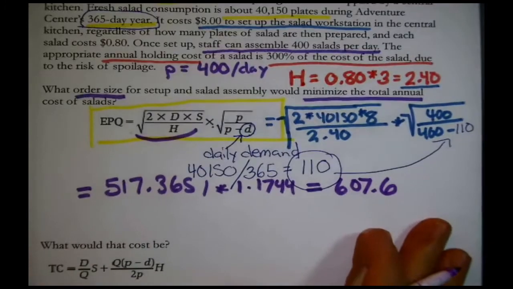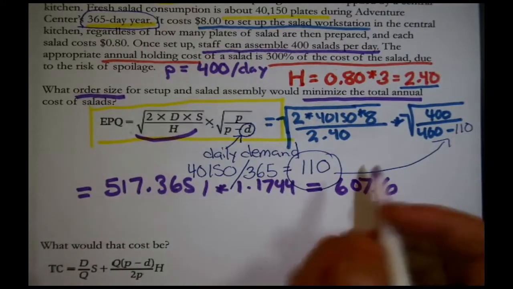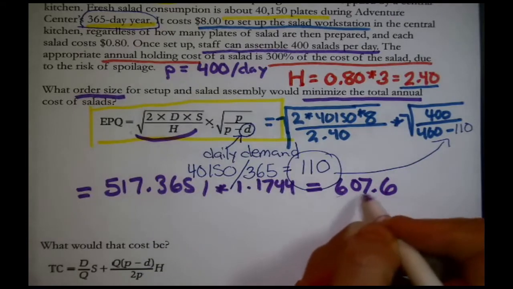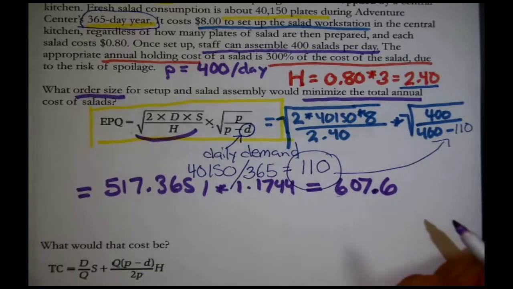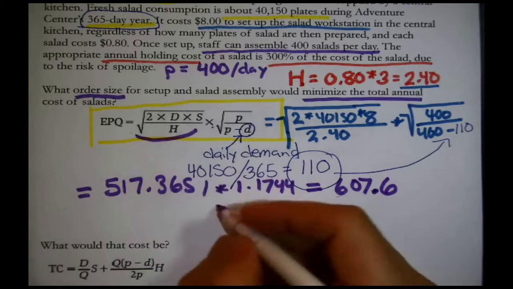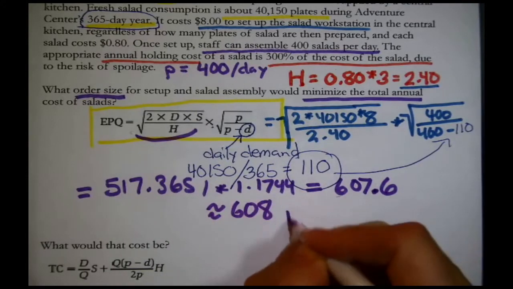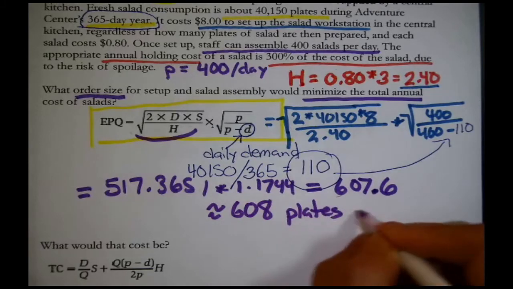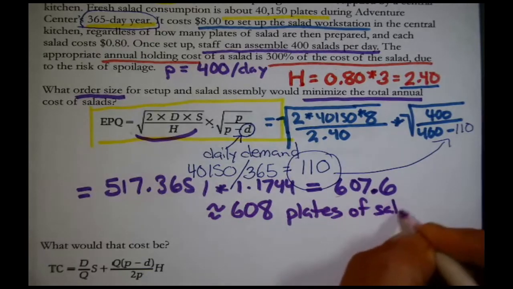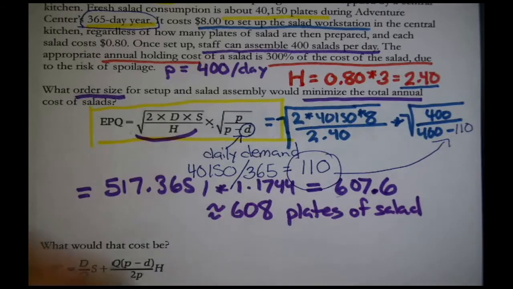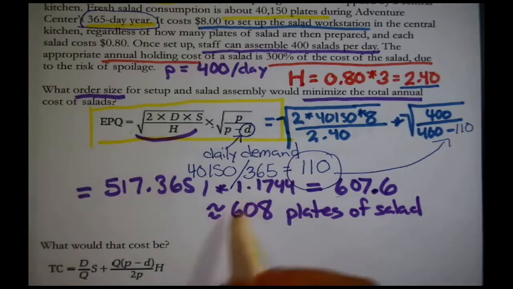You want to round to one decimal place? Oh, now wait a minute, there's no such thing as 607.6 plates of salad. So to actually answer Adventure Center, it would be logical to round that up to 608 plates of salad.